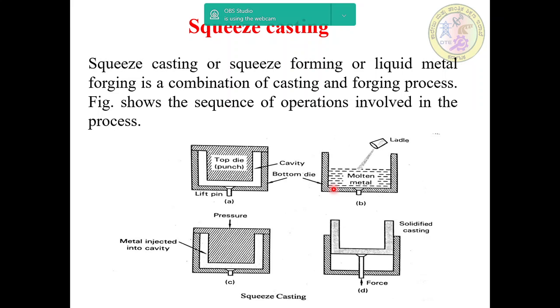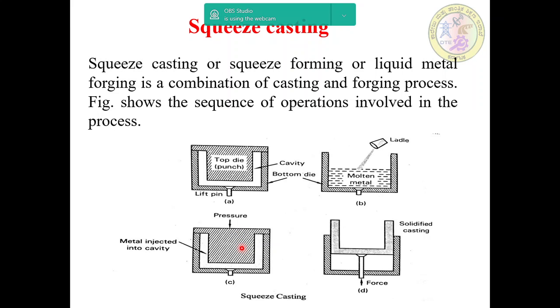The measured quantity of molten metal is poured into the bottom die as shown in the sketch, and as the metal starts solidifying, pressure is applied to the top die, causing it to move rapidly towards the bottom die.